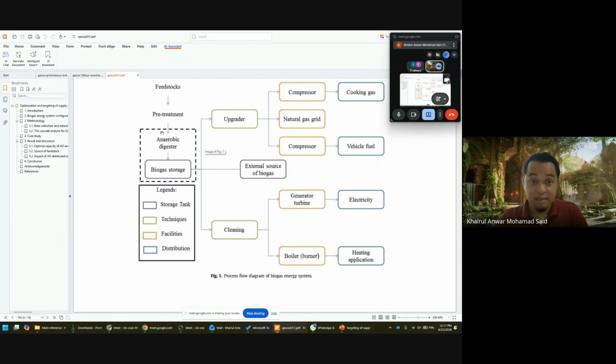The gas that is produced by the digester goes into the biogas storage. From the biogas storage it is either upgraded as cooking gas, vehicle fuel, or cleaned and then used for the boiler and generator turbine. So the blue box here refers to the application of the biogas.